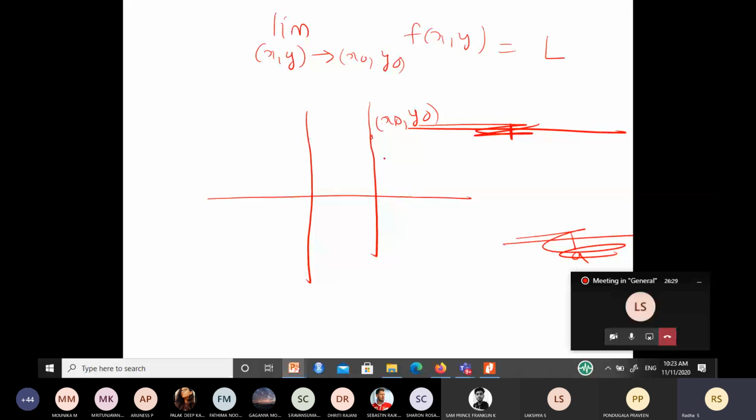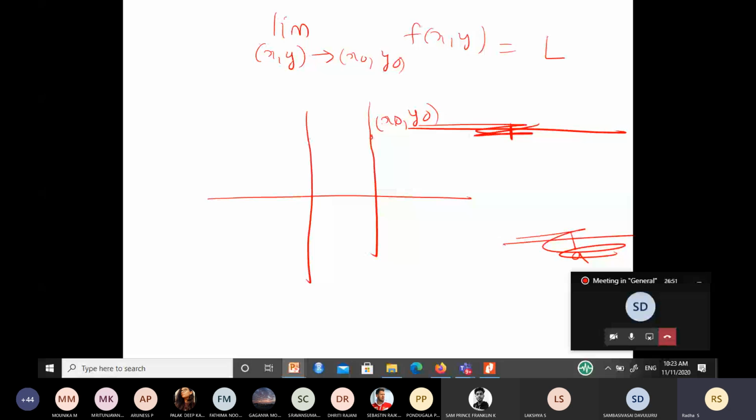We should approach x0 on the x-axis and y0 on the y-axis. Many lines, yeah. Whichever curves pass through x0 comma y0, through all those curves you can approach. Not only parabola. Whichever curve passes through x0 comma y0, through all such curves you can approach this point x0 comma y0.